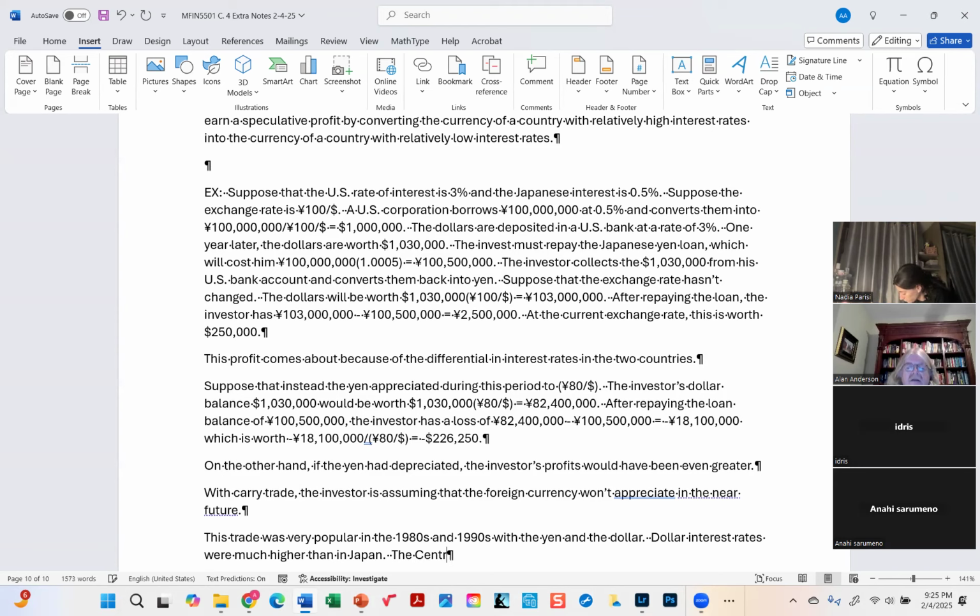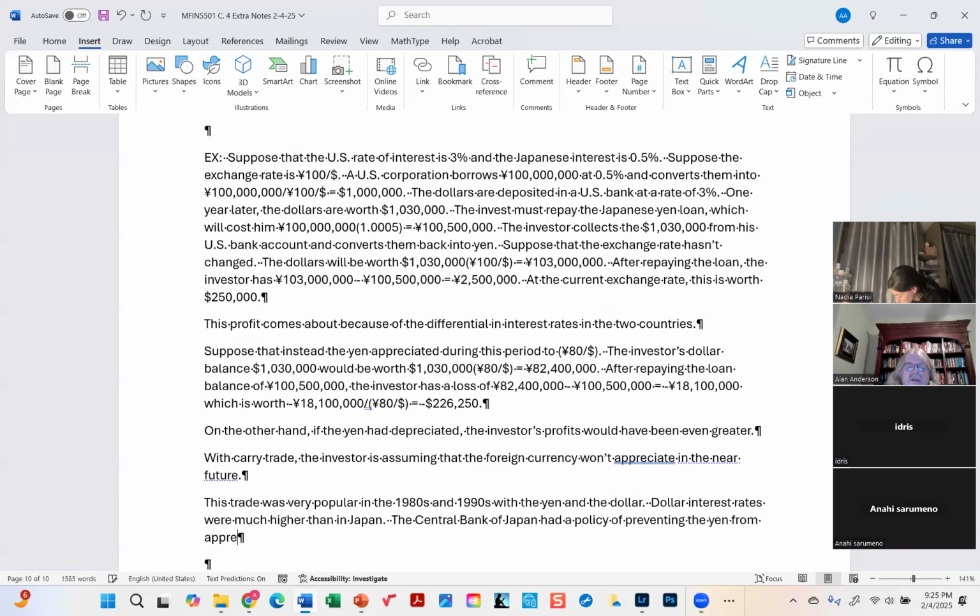The Central Bank of Japan had a policy of preventing the yen from appreciating, or at least too much, as this would have reduced its trade surplus, potentially increasing unemployment. So all the traders in the market knew that.